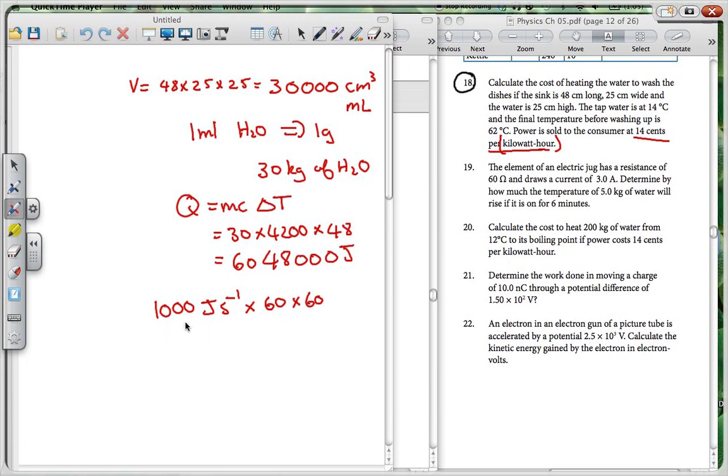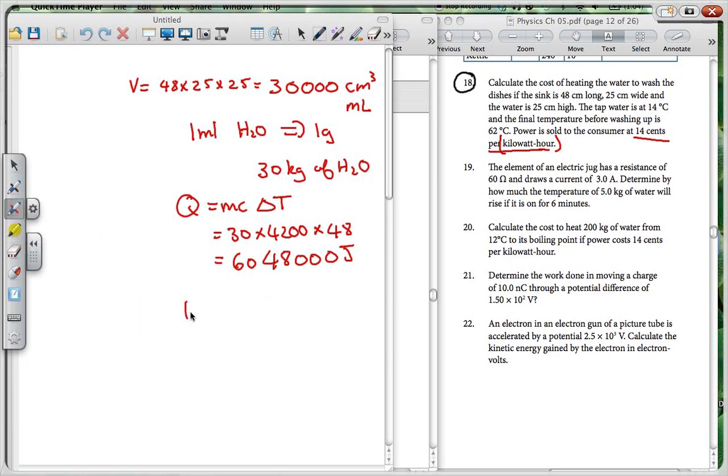So we're going to get this value over here, 3,600 times the 1000 is obviously going to be, sorry, I'm going off the screen here. Let me just redo that.